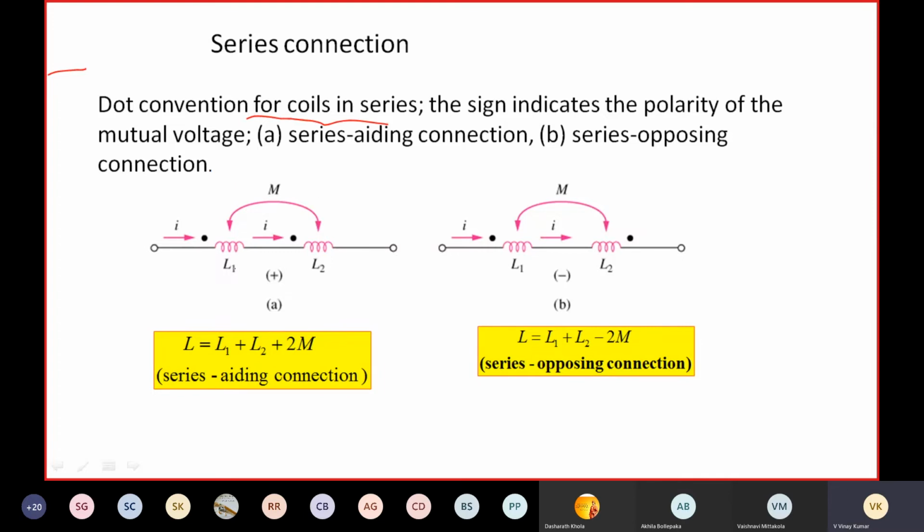Here see L1, L2. These two coils are connected in series. Here dot is placed here. Again, dot is placed here. When these two are in series, the same current will be flowing through the two coils, right? Let M be the mutual inductance between two coils.